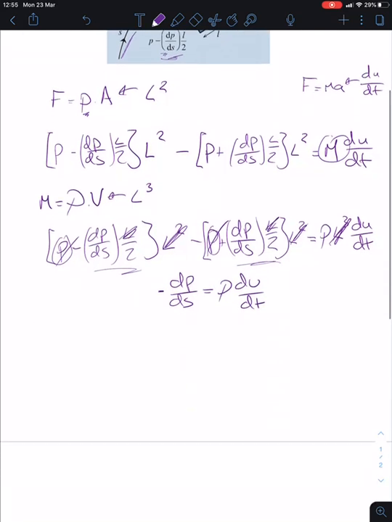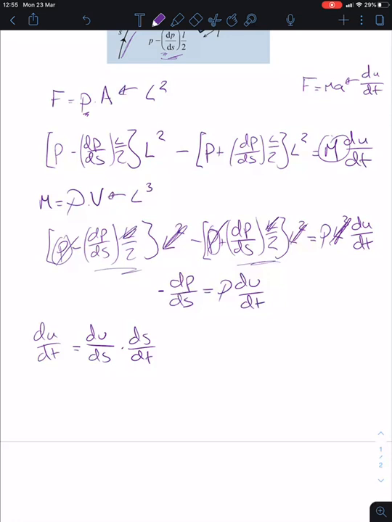Now we do a quick bit of manipulation, which is to say that du by dt can also be expressed as du by ds multiplied by ds by dt.